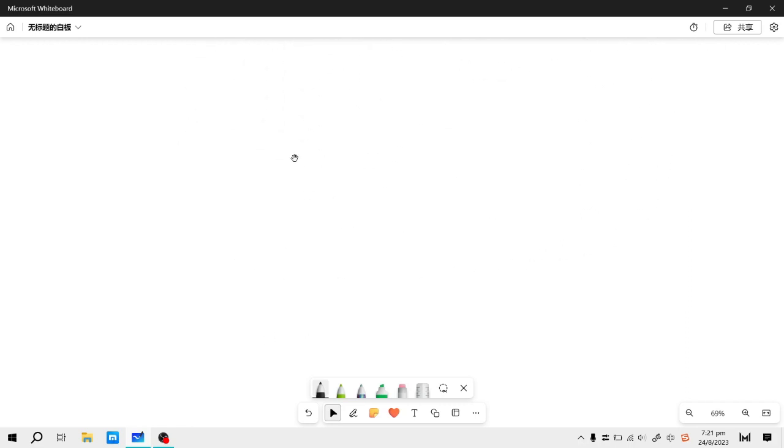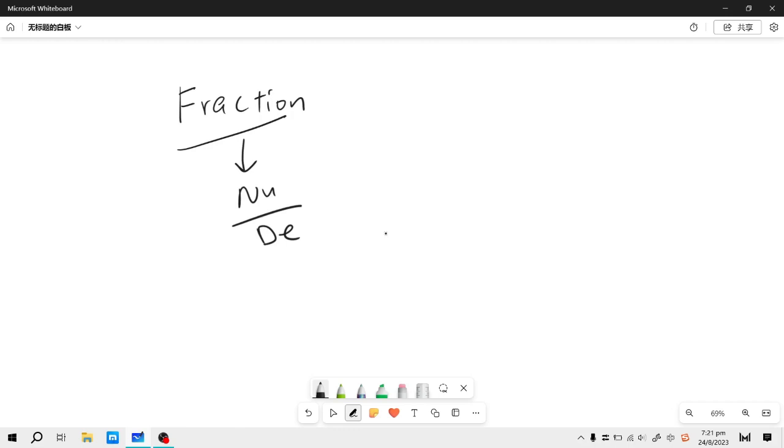Alright, so it's kind of like a fraction. So fraction is literally a numerator out of a denominator. So it's something out of something. But percentage is different. In fractions, the denominator and numerator can always be different.